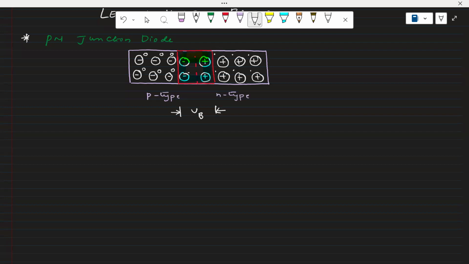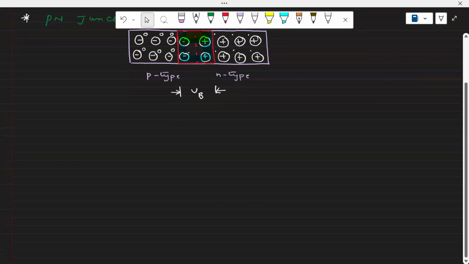Anybody, any idea? That's what you have learned from the EDC subject, right? VB = VT ln(NA ND / ni²). That is the built-in potential. Of course, this is not the course for us to derive that kind of equation, but we should know the equation that gives the built-in potential, right?